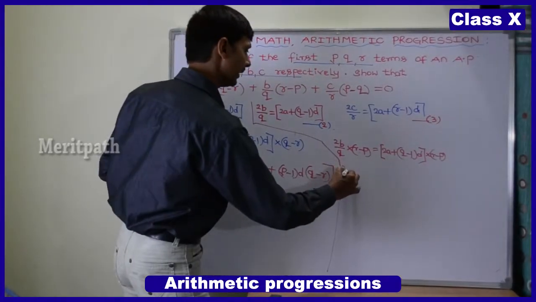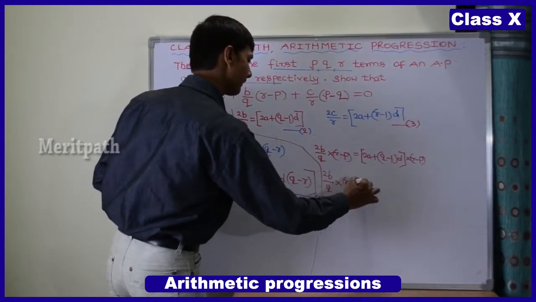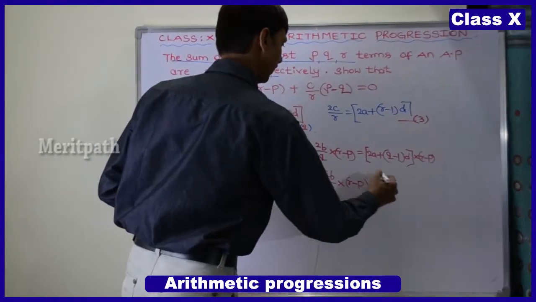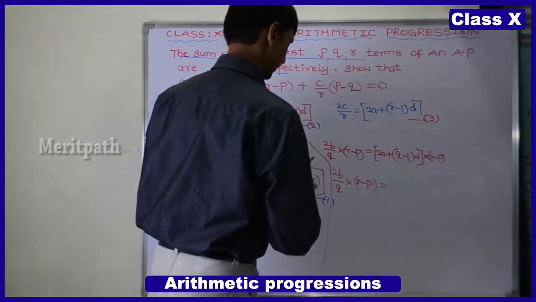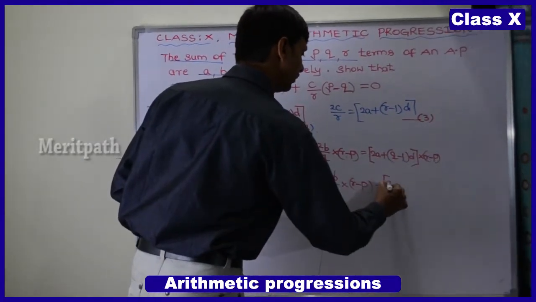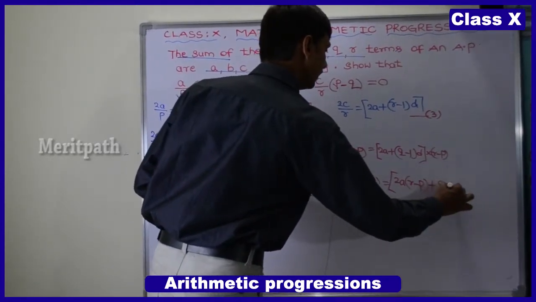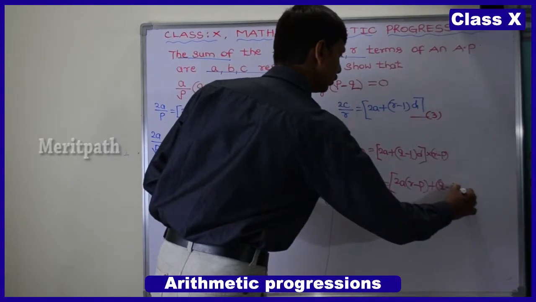So 2b by q into r minus p is equal to, when we multiply with r minus p, 2a into r minus p plus q minus 1 into d into r minus p.